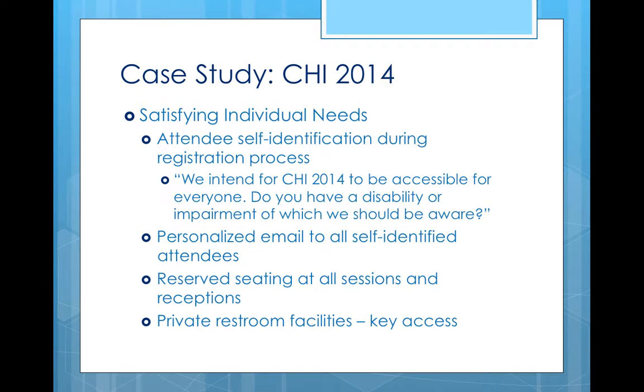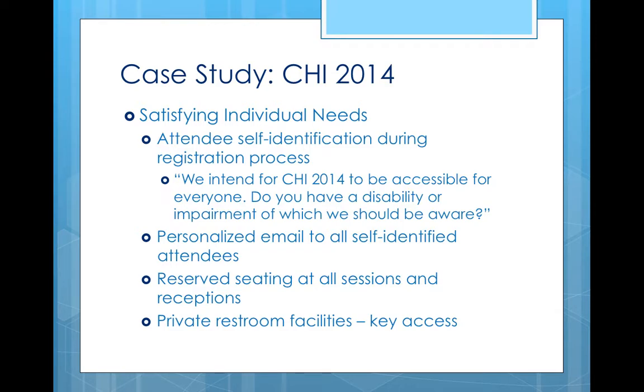And so as I mentioned, I review the requirements personally. Everyone who indicated something gets an email from me and we have a conversation. This particular conference is about 3,500 people. Generally, we have less than 20 people that indicate that they have some sort of a disability or need an accommodation of some sort.